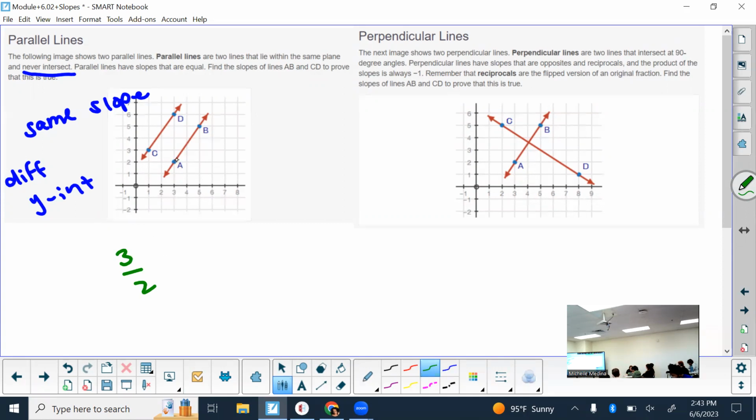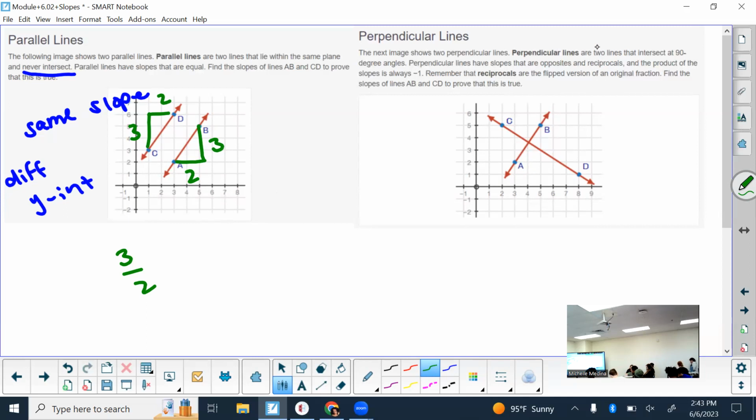Okay, it is 3/2. So yeah, count your rise and your run. Good thinking on the fly. Let's make sure we're paying attention and not on our phones. But yeah, 3/2, and then when you measure CD, is it the same slope? Yeah. Good. Rise is also 3, run is also 2. So that proves that these are parallel because they have the same slope.